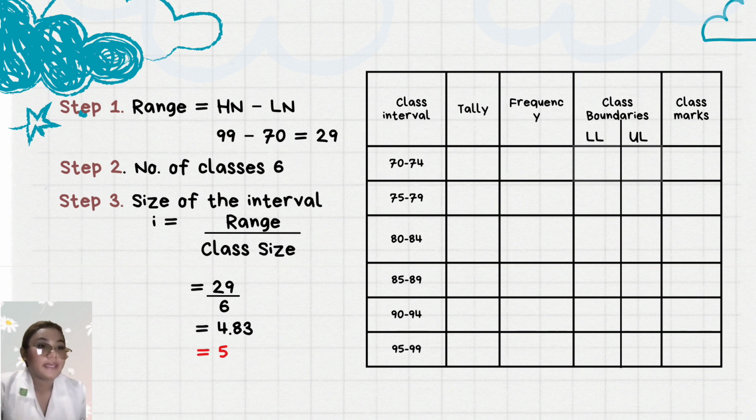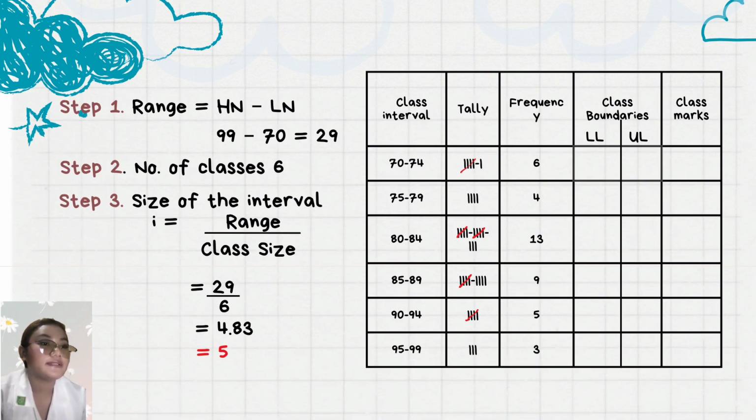So, how many are in 70 to 74 in our data? Okay. 6 is the tally and 6 the frequency. 75 to 79, 4. 80 to 84, 13. Wow. 85 to 89, 9. Okay. 90 to 94, 5. And 95 to 99 is 3.